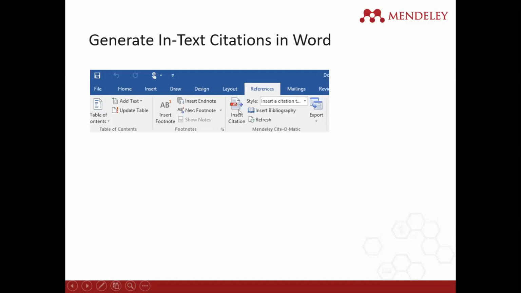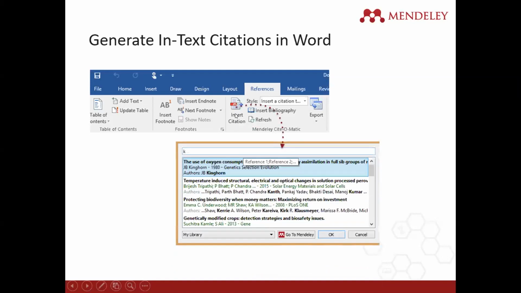Okay, so while you type in Microsoft Word, when you want to insert a citation, you just click Insert Citation. Then this feature will pop up. So you just key in over here the title of the references or the articles that you're going to cite.